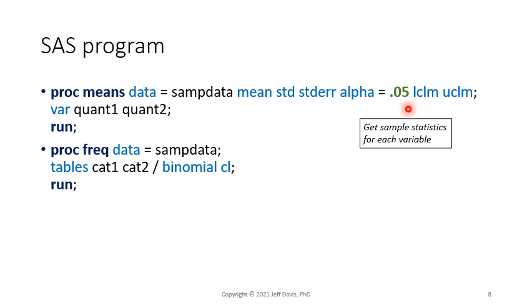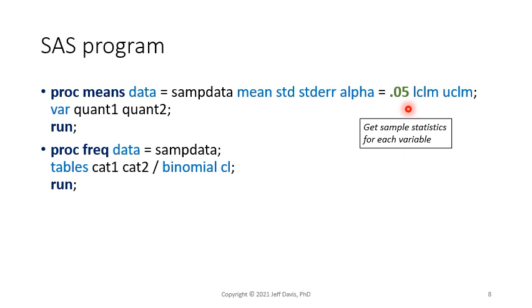So this option means that SAS is going to give us what's called a 95% confidence limit. That's going to allow us to say that about 95% of all observations in this distribution fall between these two values.